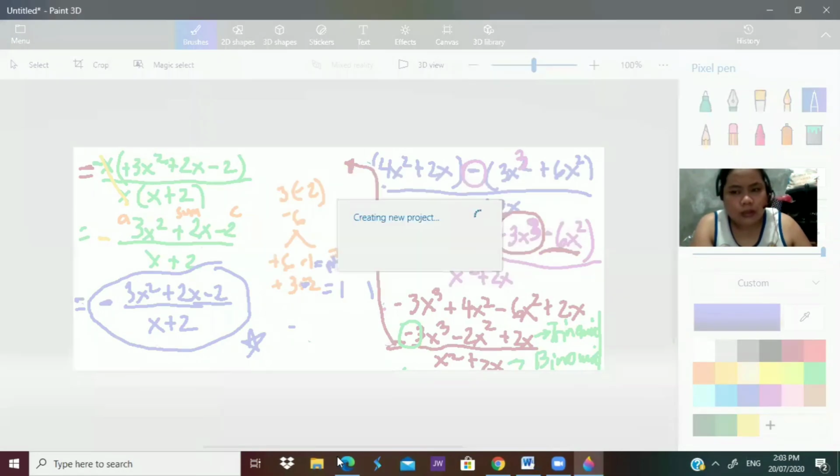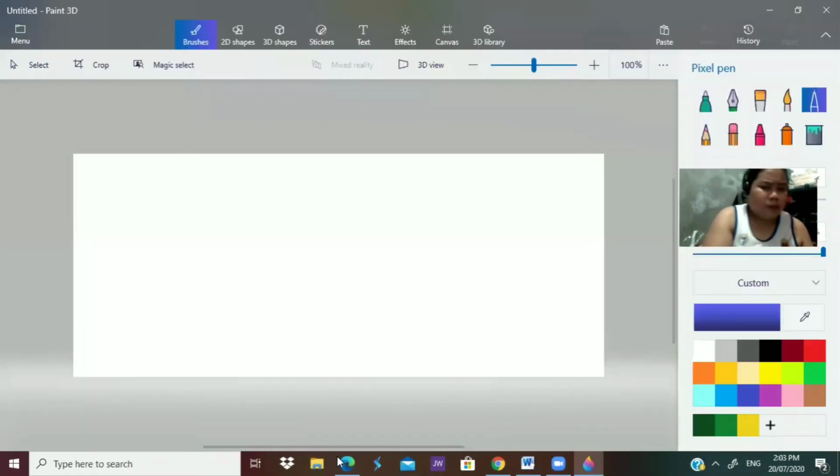So ngayon, itatry ko magbigay. Ibibigay ko na yung similar rational expressions na i-apply natin yung subtraction. Ma'am, baka kasi maging common mistake ng bata. Yun yung disadvantage siguro kapag ang teacher ay matagal na niyang tinuturo yung subject.